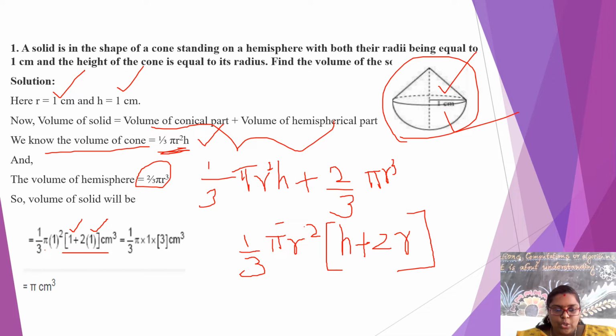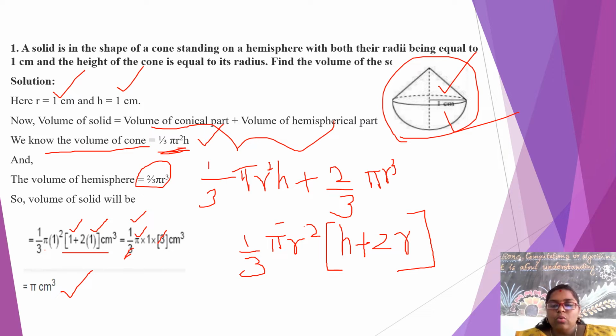This is the substitution. Now we simplify: 1 by 3 pi into 1 plus 2 into 1, which is 3. So this 3 and 3 will get cancelled, and the remaining will be pi only. So it is pi centimeter cube. Easy thing.